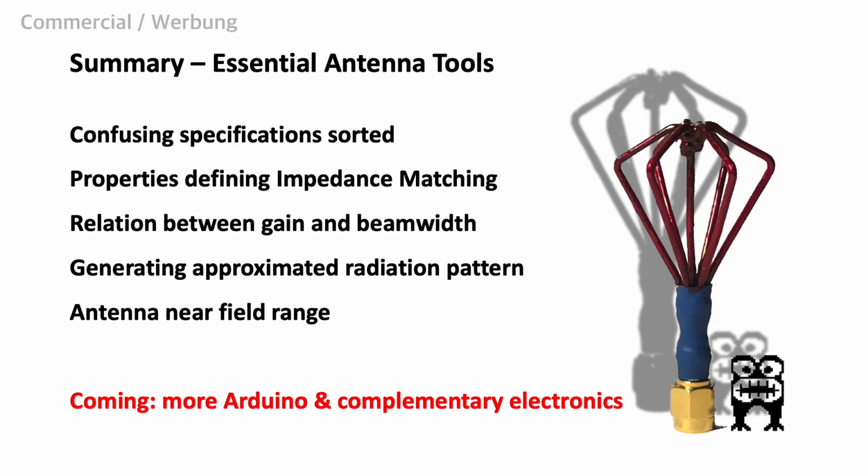You always knew it, there is a relation between the gain and the beam width. Playing a bit with the inputs, the little tool gives you the right feeling for the correlation. We can generate approximated radiation diagrams from the beam width. We can use the diagram graphics and we can export the data.